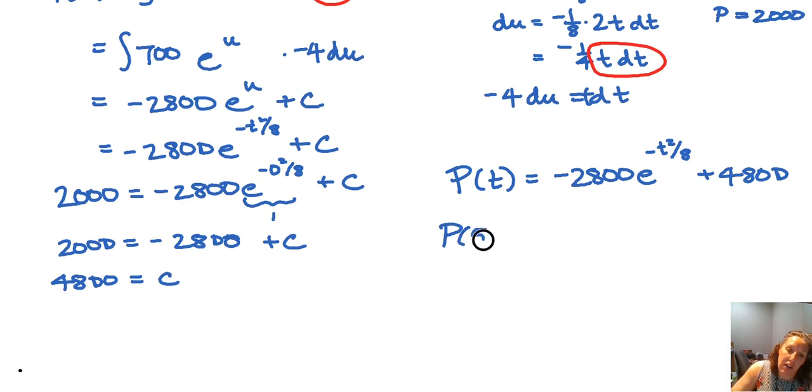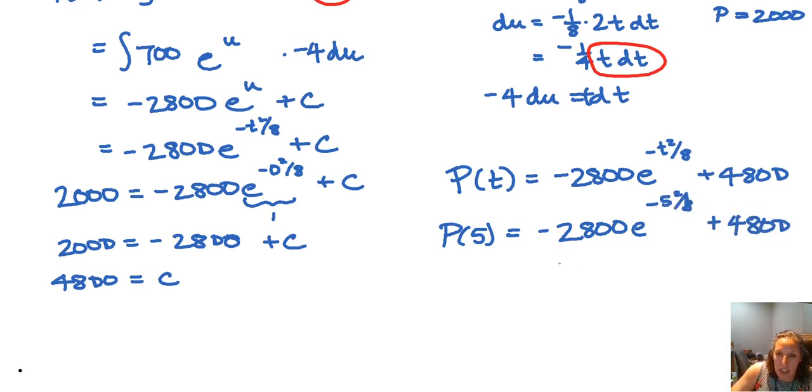So plug in 5 for t. And when we plug in 5 for t there in the calculator, we get approximately 4,677 animals.